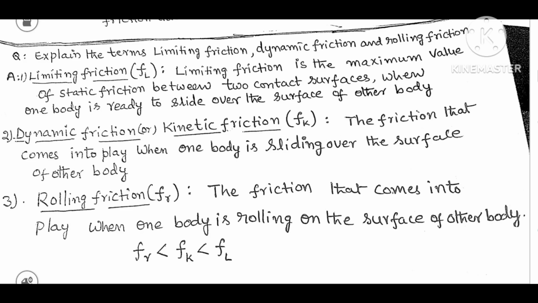If Fr is the rolling friction, Fk is the dynamic or kinetic friction and FL is the limiting friction, then the relation is Fr is less than Fk is less than FL.